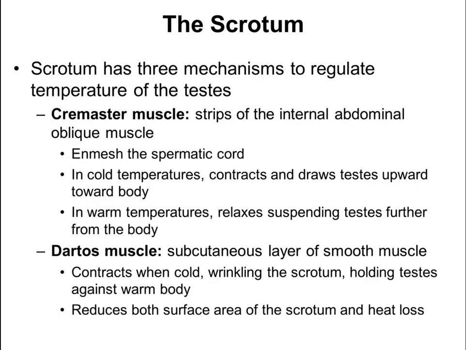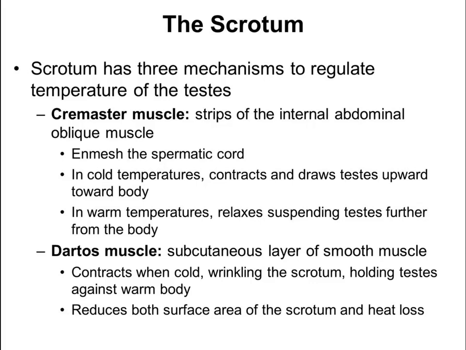So, the scrotum can regulate the temperature of the testes in 3 different ways. First, there is the cremaster muscle. These are strips of the internal abdominal oblique muscle, forming a mesh around the spermatic cord.